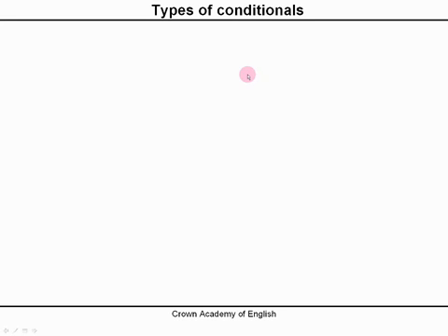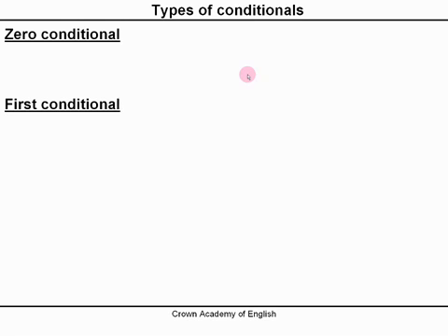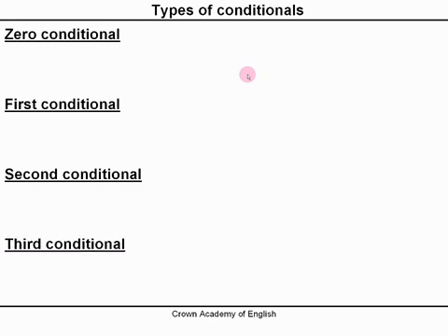And there are several types of conditionals. And in fact, there are four very common types. We have the zero conditional, first conditional, second conditional, and the third conditional.